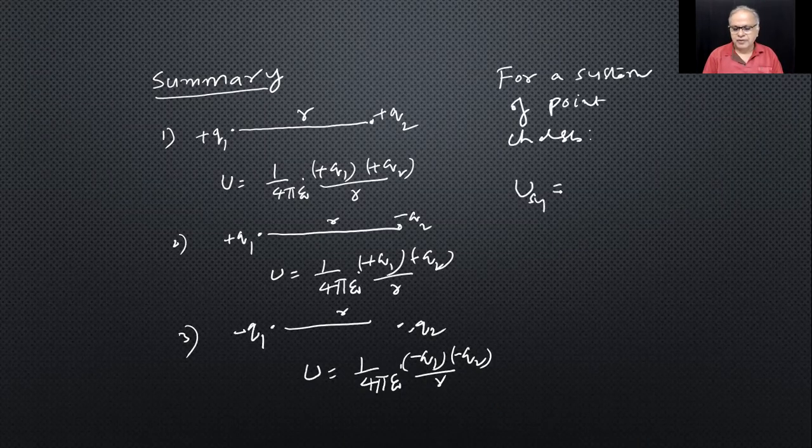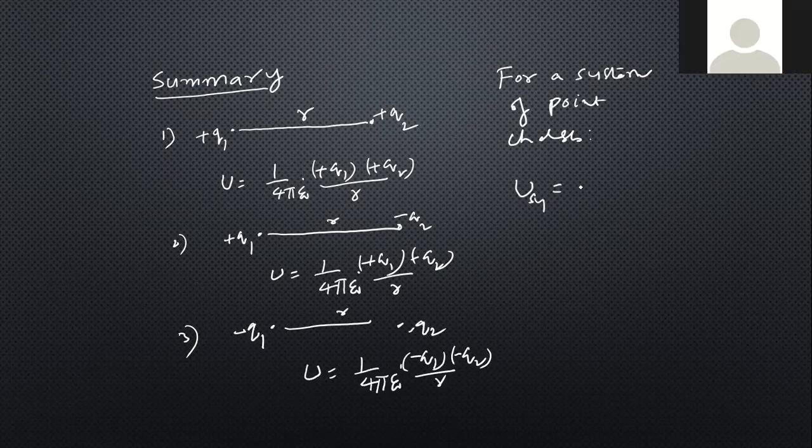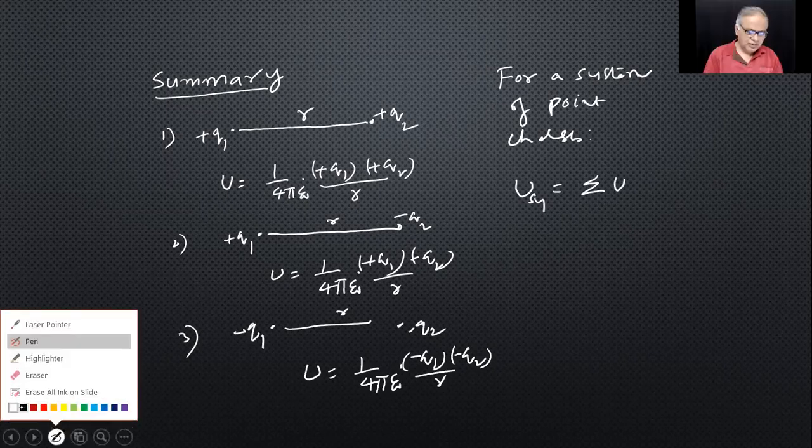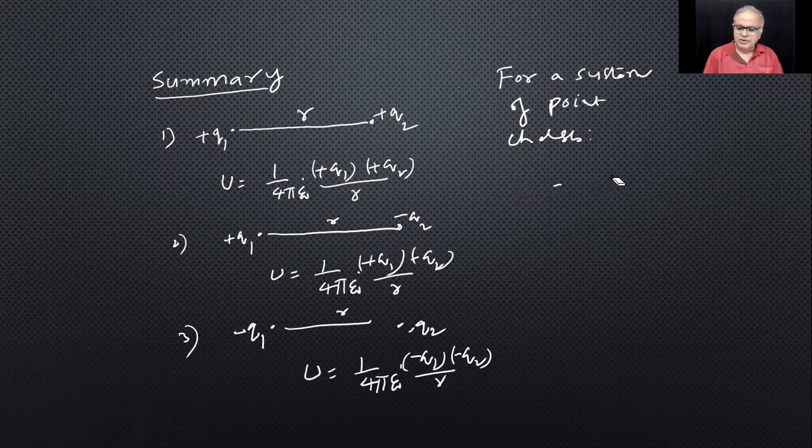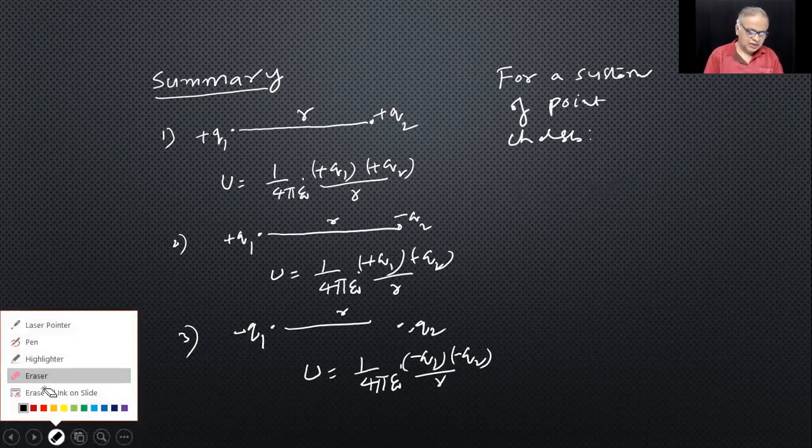It will be the sum of all the potential energies. What do you mean by that? Like if one charge is already there, when we're bringing the next one. So instead of writing in an algebraic way, we'll mention it in words here.